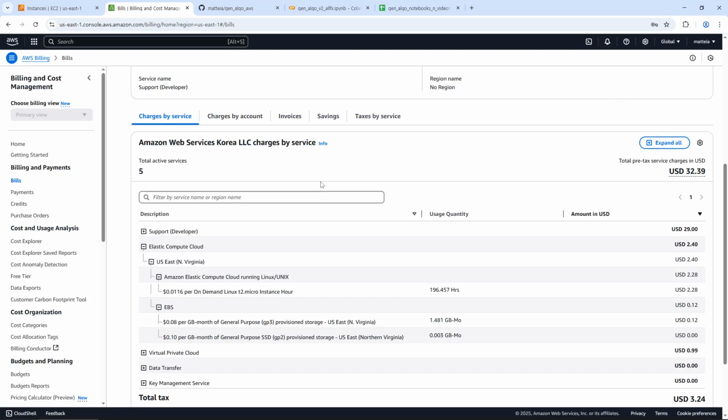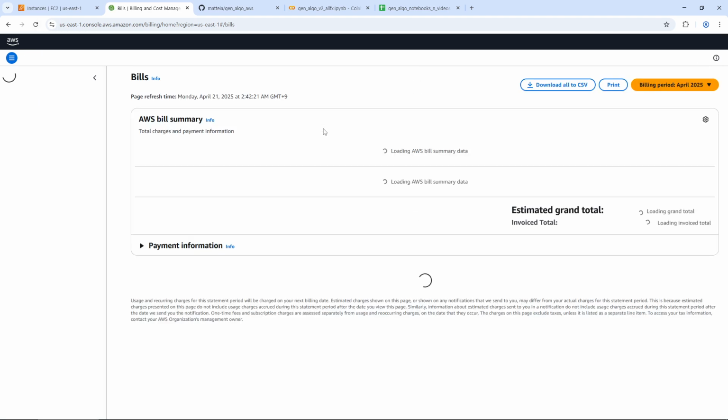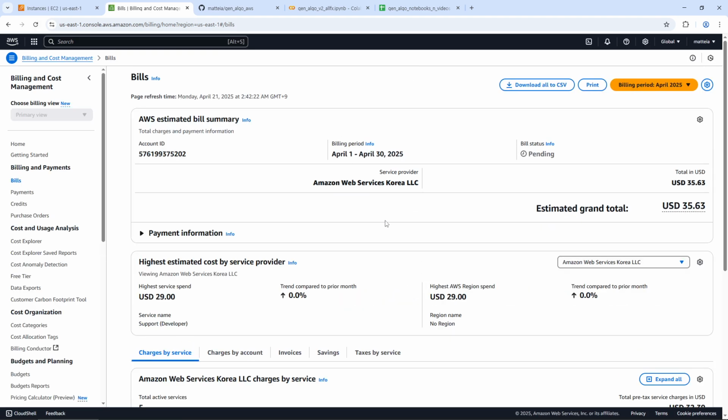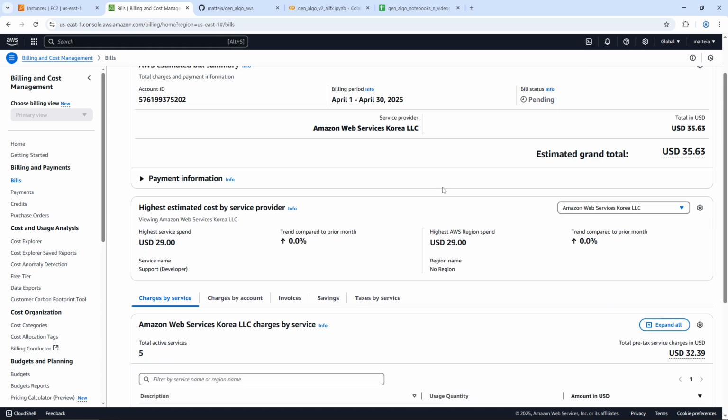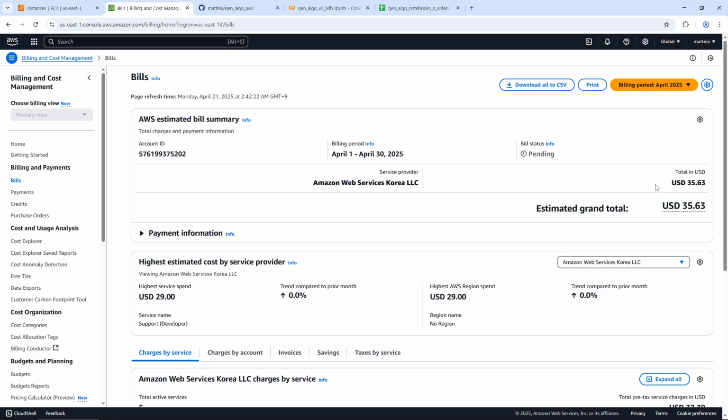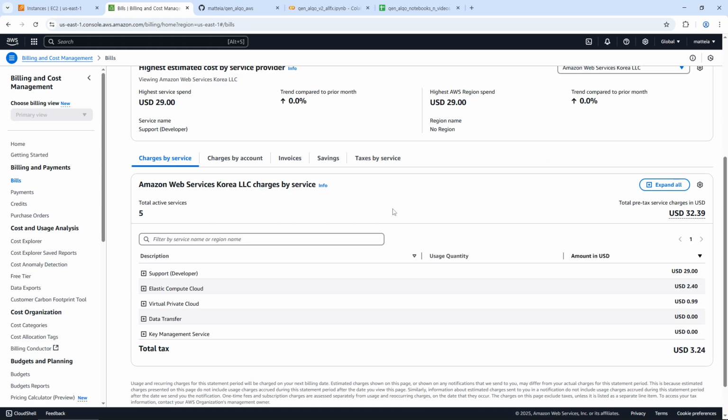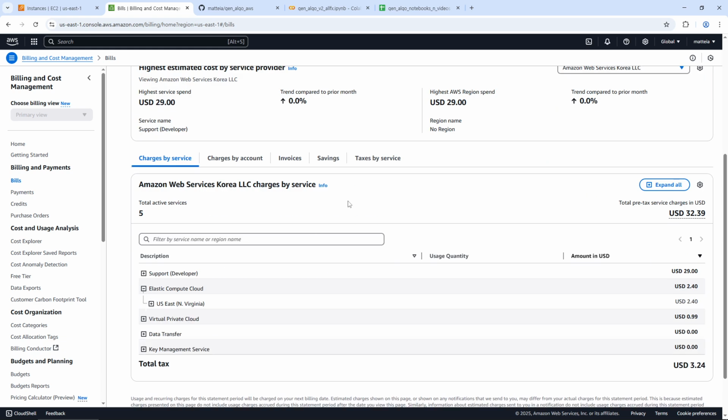And by doing this, I have spiked up my AWS bill. I usually pay $31, and now it's up to $35.63, so about $4.40 in a day.